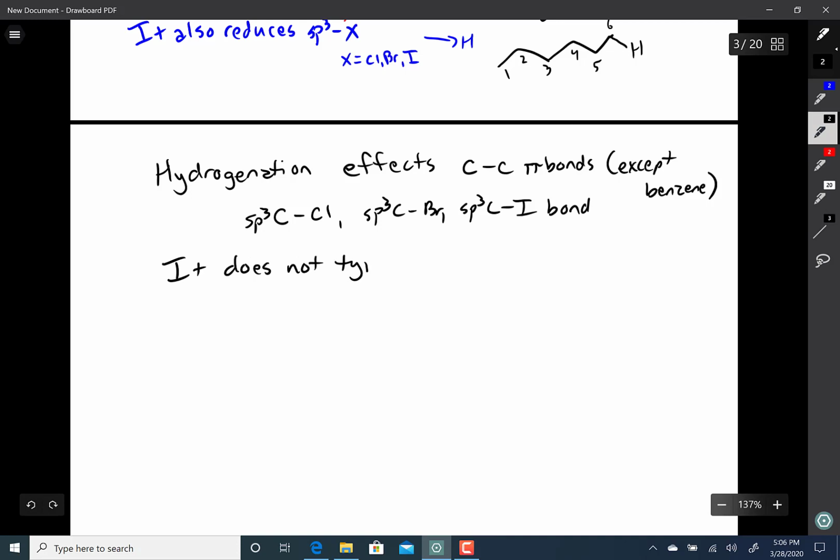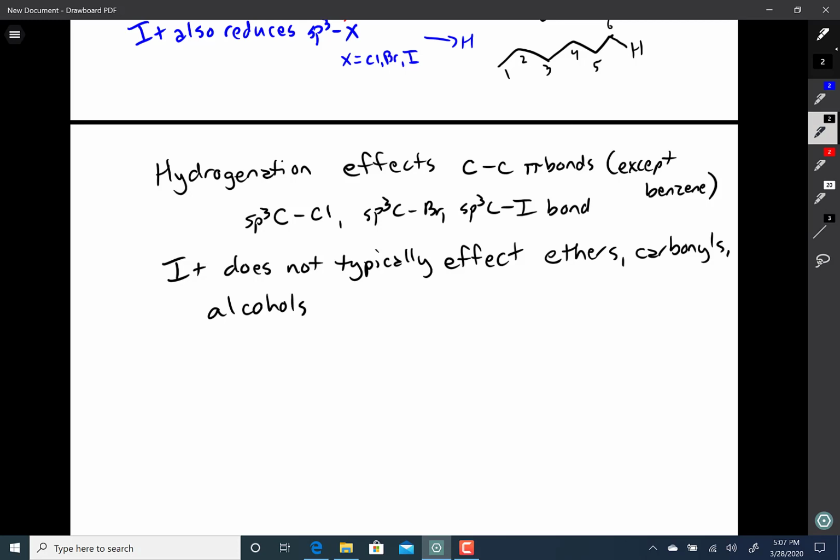It does not typically affect ethers, carbonyls, and alcohols. Now, I say typically. There are certain ethers or carbonyls or alcohols that are affected by that hydrogenation, but we will get into those when it comes time for Chem 345.